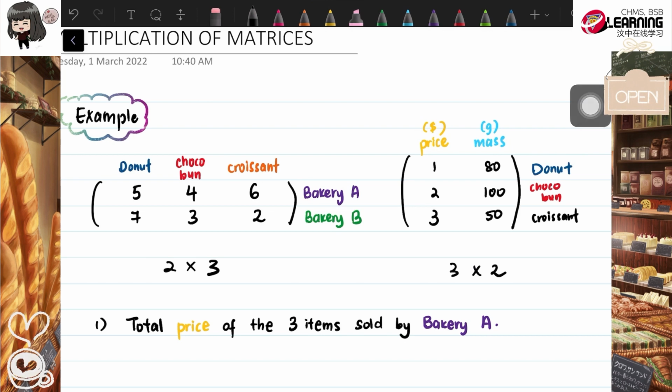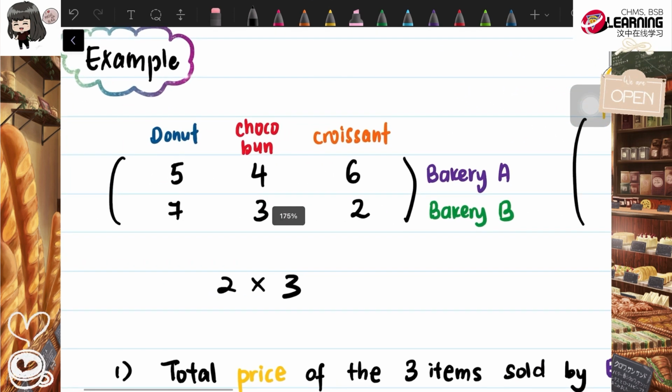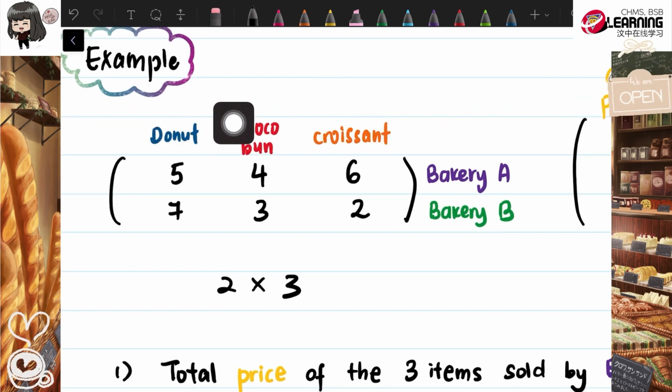So what do you understand about the first matrix? I've labeled it already. We have bakery A for this row, and bakery B, the shop B, for the second row. This is row 1, this is row 2. The first column is donut, the second column is chocolate bun, and the third column is croissant.